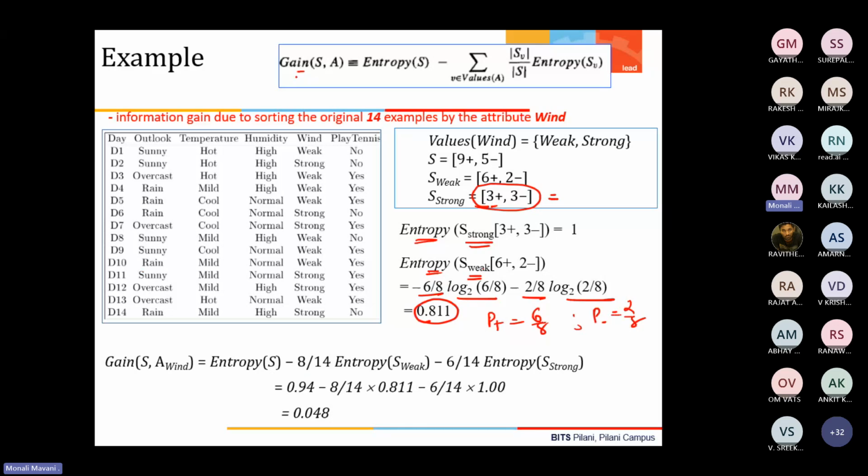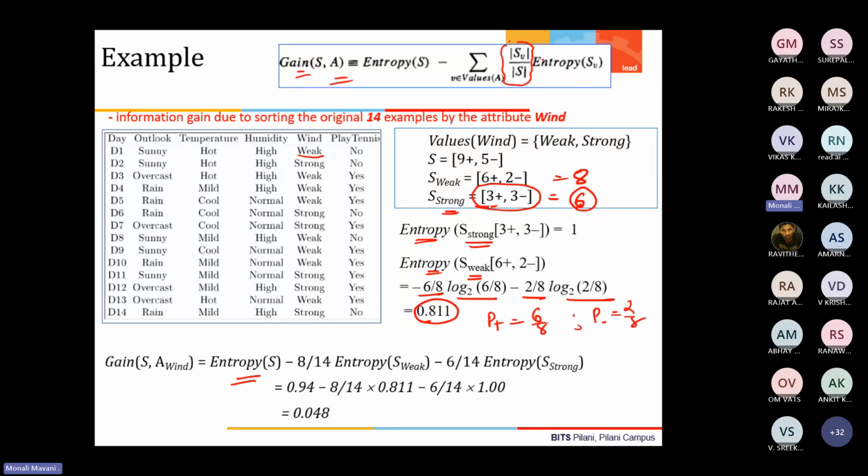And then I'll use the information gain formula, which is the entropy of my parent minus the weighted child entropies if I choose wind as the splitting criterion. Out of 14 examples, which belong to the weak class? 8 examples belong to the weak attribute value and 6 examples belong to the strong attribute value.